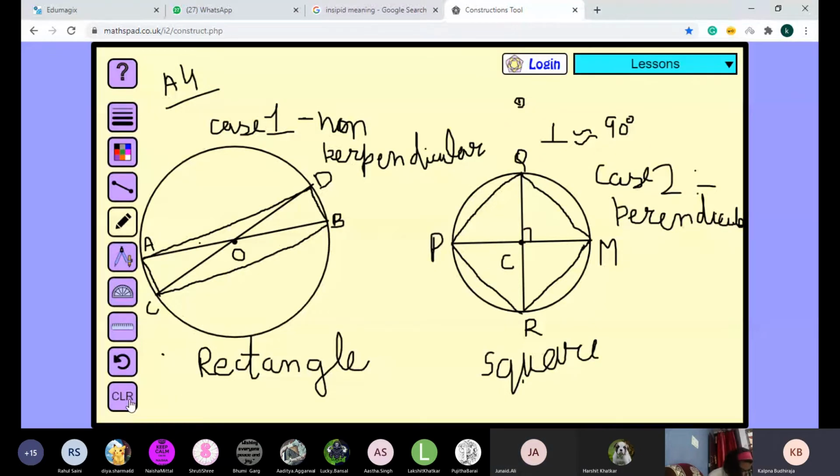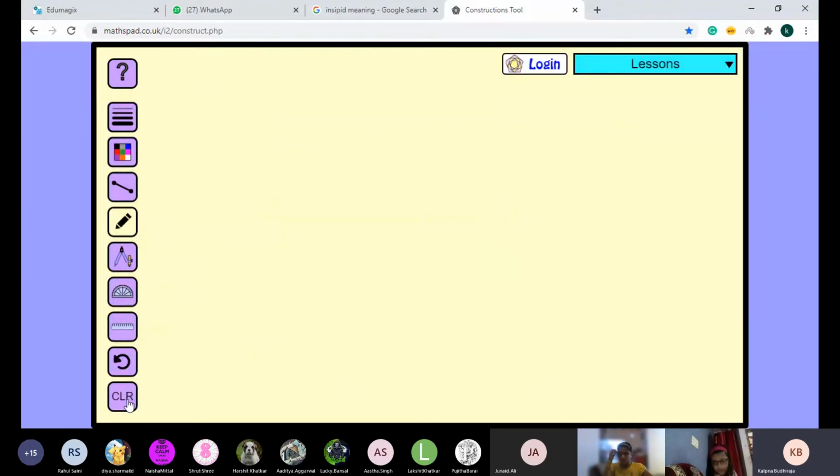Okay, done this one. Now we are going to do question number 5. Yes, all of you come to question number 5. Answer 5. Better read the question carefully.